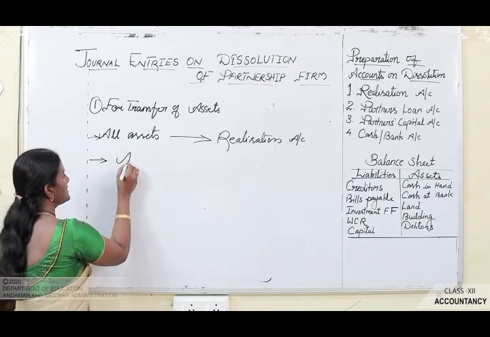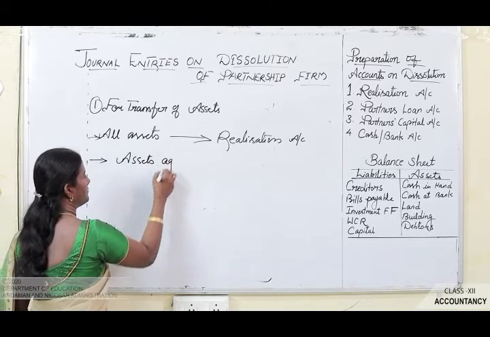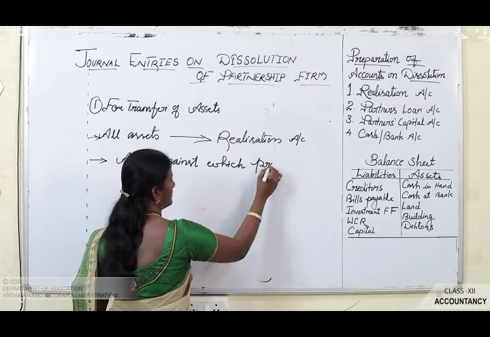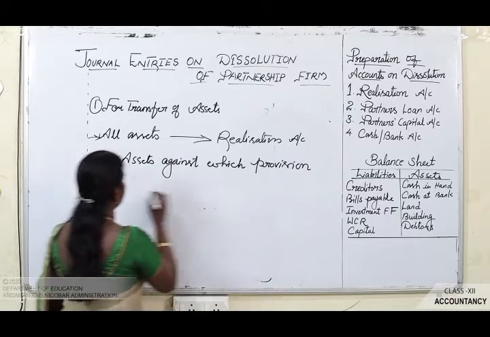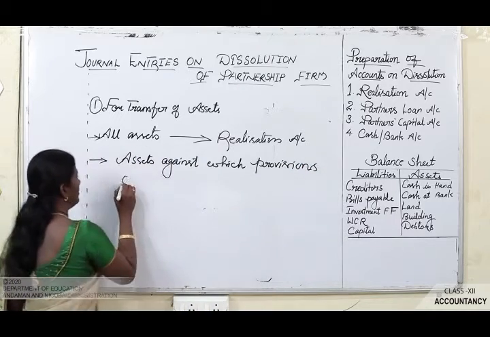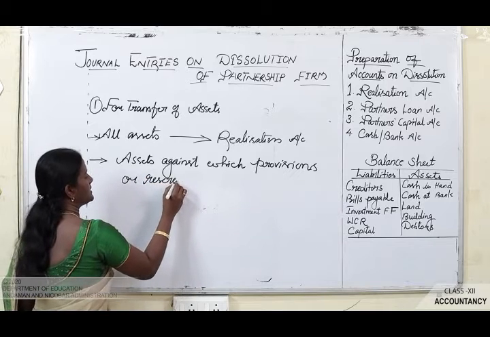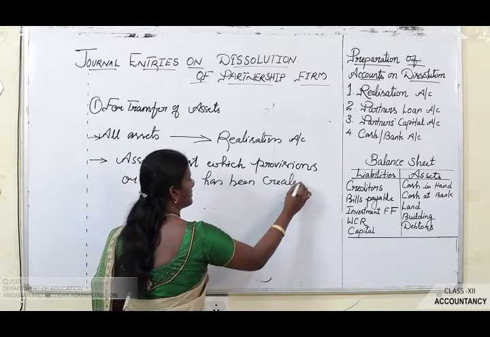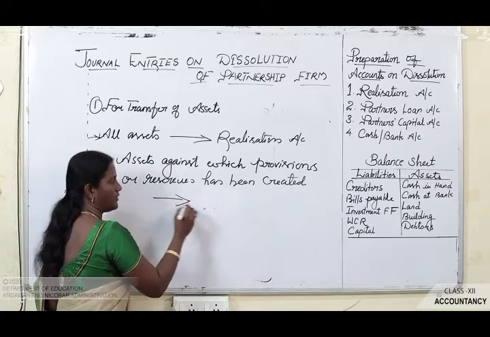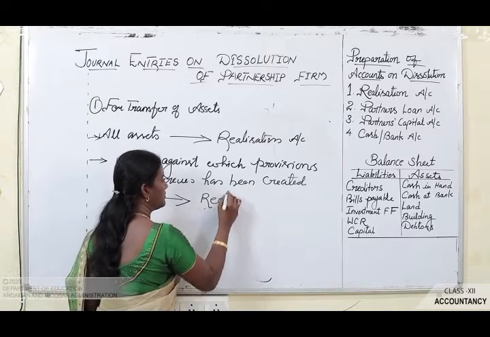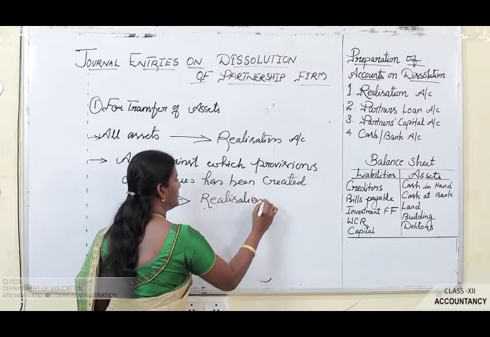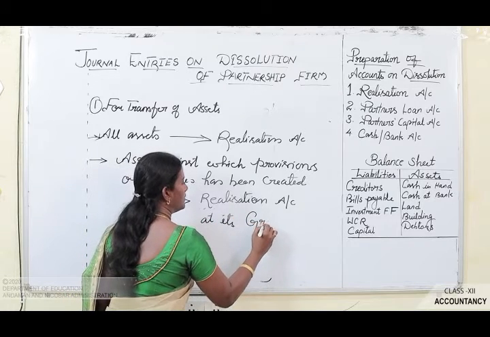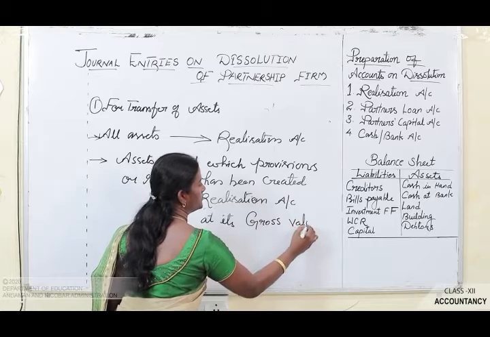Next point is assets against which provisions or reserves have been created are also transferred to the realization account at their gross value.